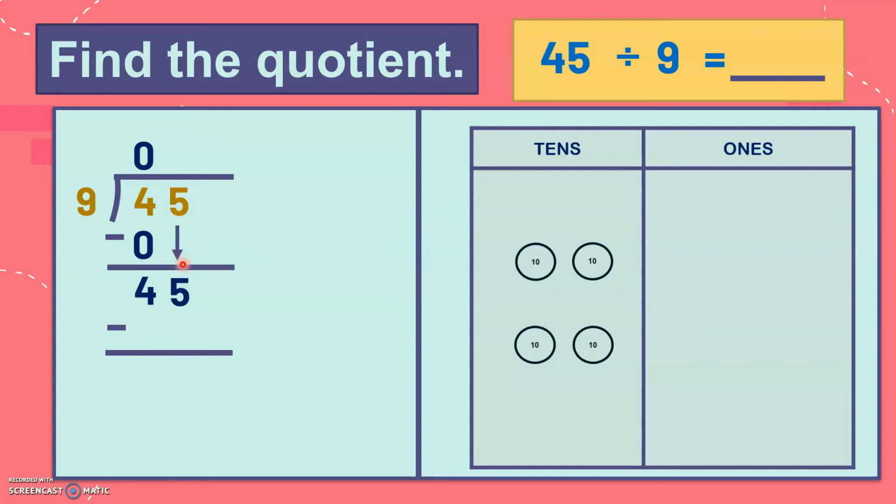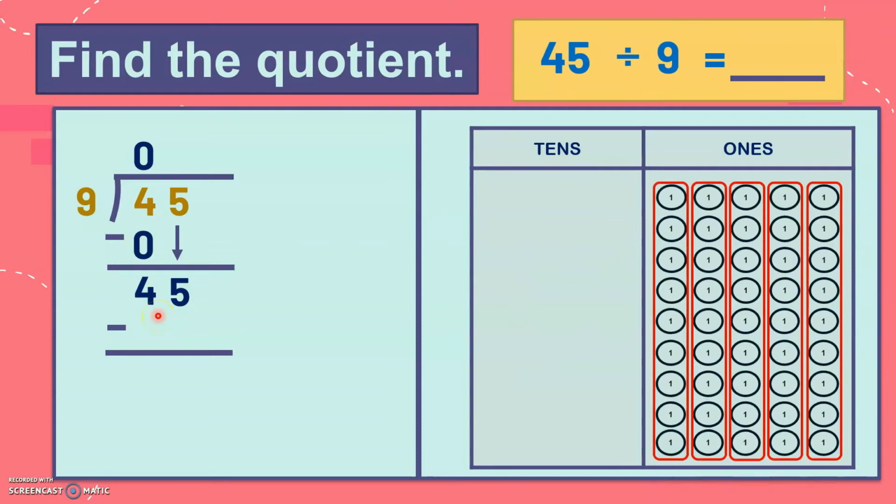Now, as you can see, we cannot divide 4 tens into 9. So we will regroup 4 tens into ones. So we'll have now 45 ones. Okay? So 45 ones divided by 9. So we have 1, 2, 3, 4, 5. So we have 5 nines to make it 45.